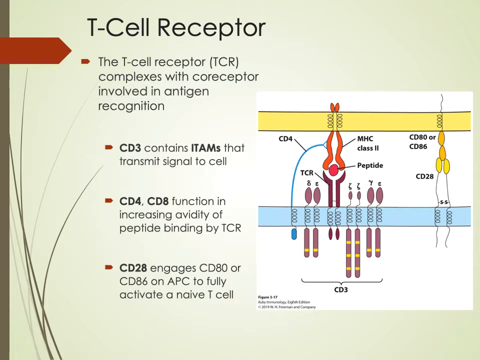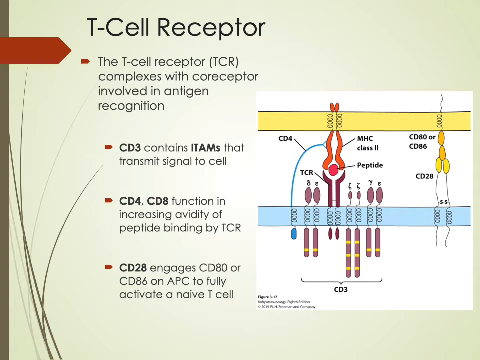We've already talked about CD4 coming in and stabilizing this. If this was a different type of T cell, it would actually be CD8 stabilizing this interaction. Our function for CD4 and CD8 is to increase affinity for the peptide that's going to be binding to the T cell receptor.